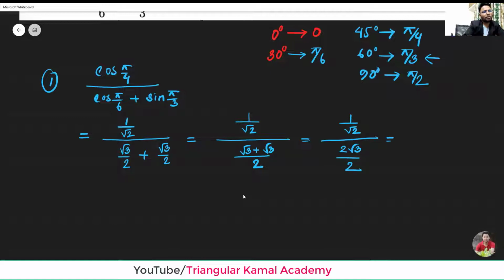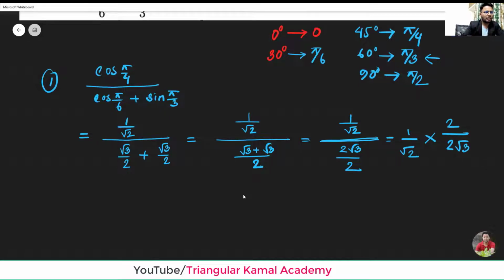So now one fraction is divided by another fraction. So we can write here numerator fraction 1 by root 2. Then this divide, we can convert this one into multiply. Then the denominator fraction will be inverted. That's numerator will be denominator and denominator will be numerator, 2 root over 3.